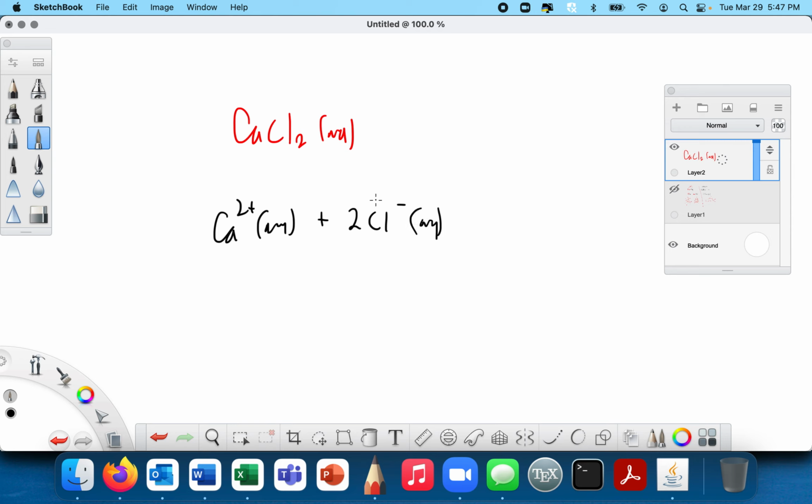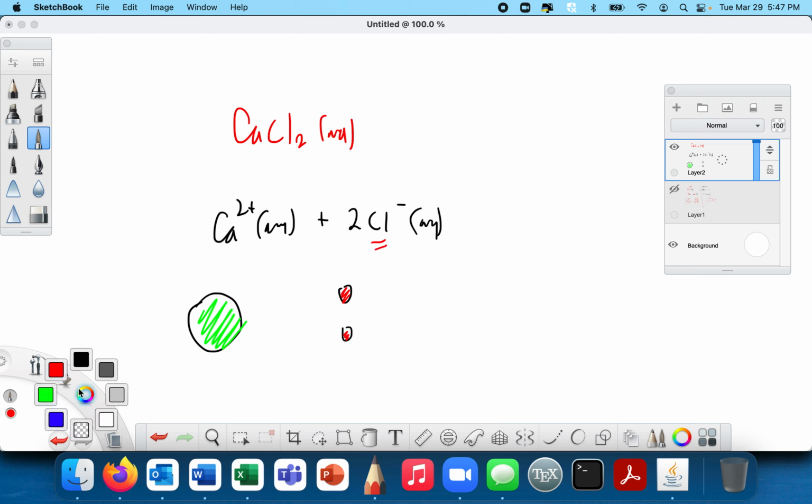Aqueous is actually two of them, right? So it's going to look like a calcium and two of these guys. Let's color these, suppose that chlorines are red and that calciums are green.